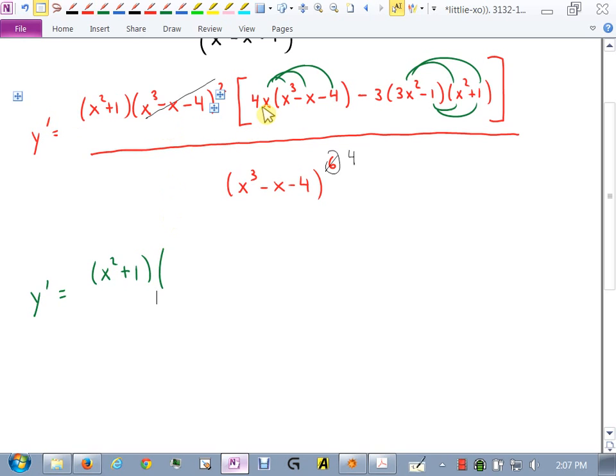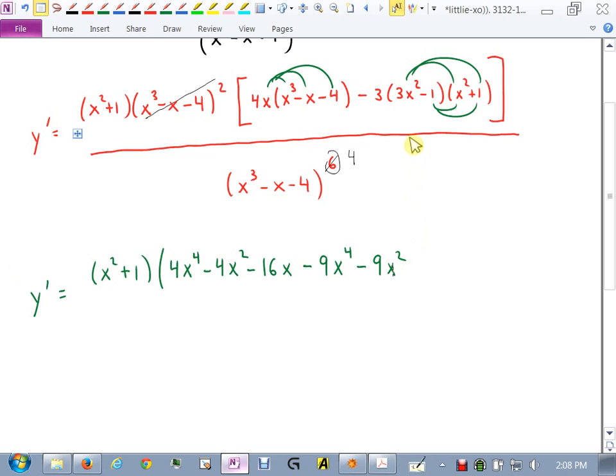Okay, so multiplying through 4x times x cubed is 4x to the 4th, then minus 4x squared, then minus 16x. Then I multiply here 3x squared times x squared is 3x to the 4th times negative 3, negative 9x to the 4th. 3x squared times 1 is 3x squared, but then times negative 3, so negative 9x squared.